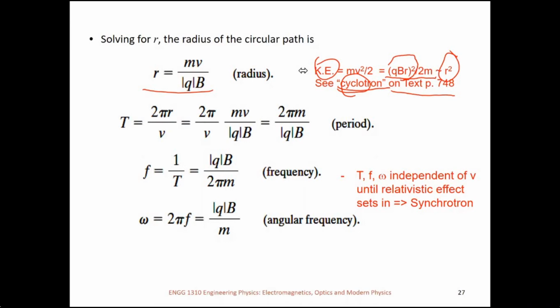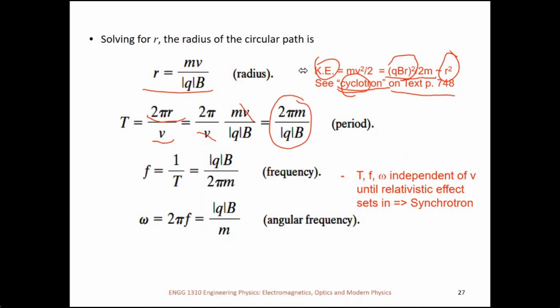Okay, and then let's take a look at the period. The period equals 2 pi r, the circular length, over the velocity. The r can be replaced with mv over qB, so it will be this, right? Because v and v get crossed. That's the period.